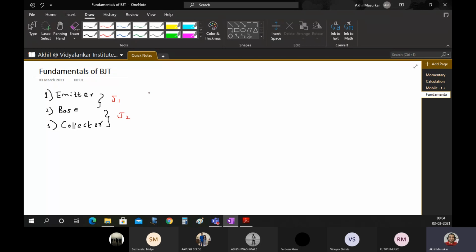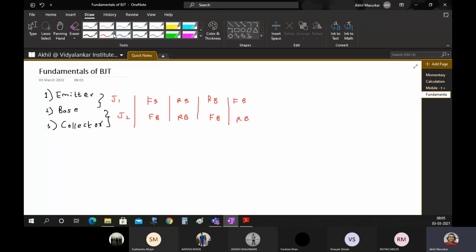So J1 and J2 can both be forward biased, J1 and J2 can both be reverse biased, and they can be reverse and forward biased respectively. So this is reverse, this is forward, and then this is forward, and this is reverse.